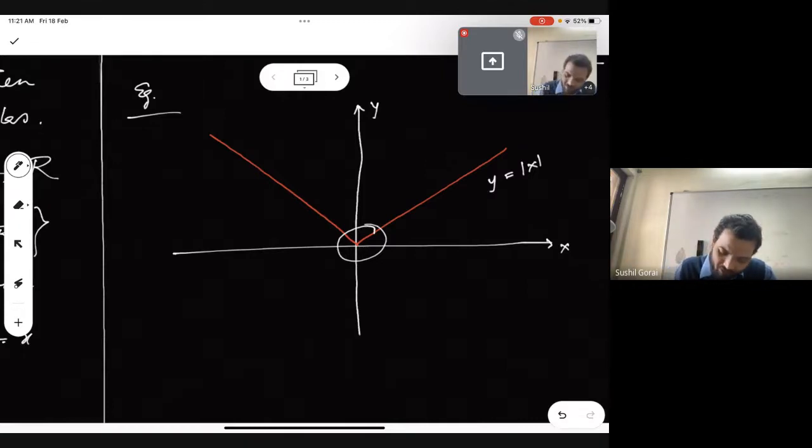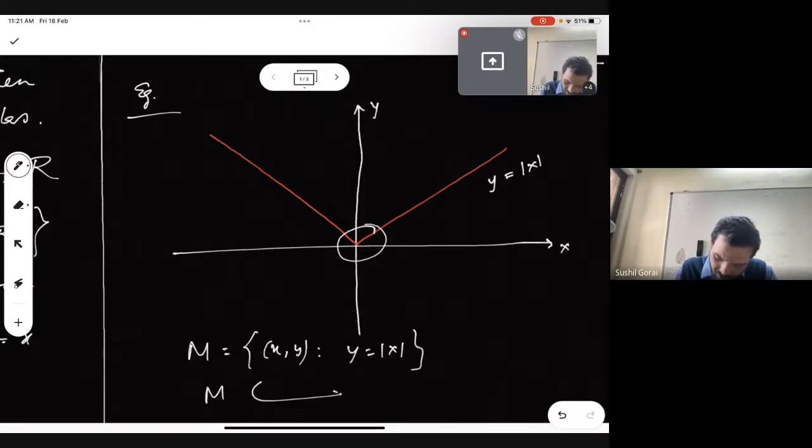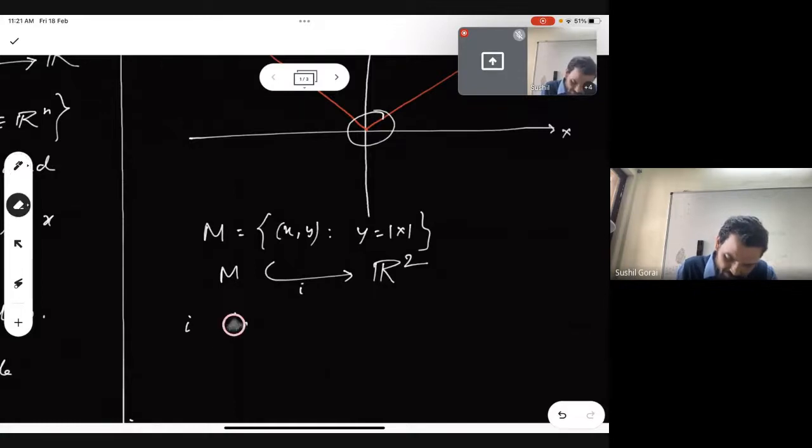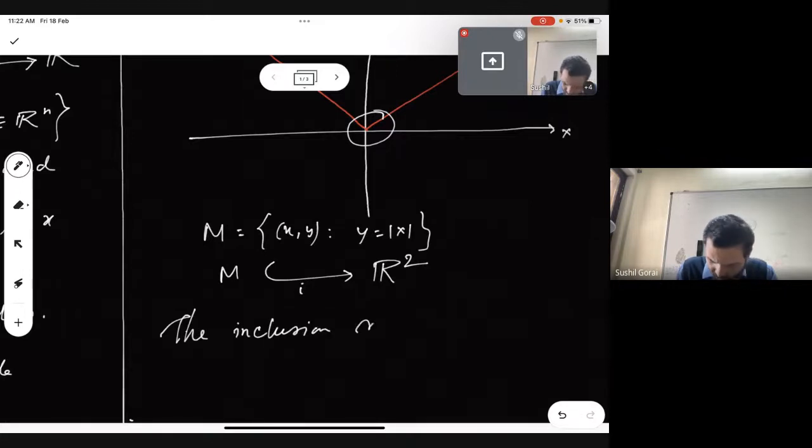So if M is (x, y) with y equal to mod x, then M is included inside R2. So this is an inclusion map. Now this inclusion map I is not smooth.